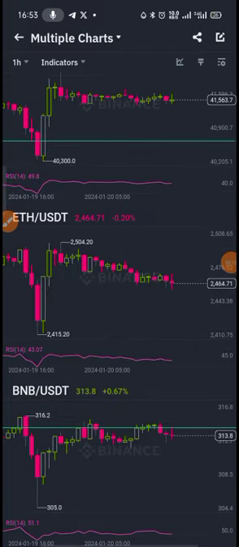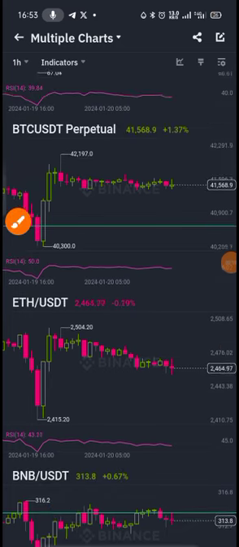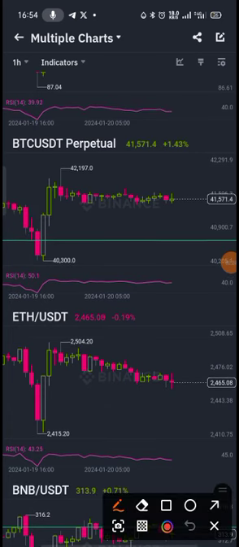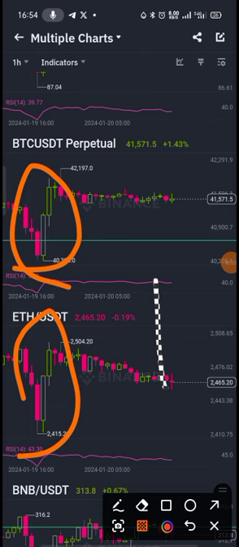If you look at the coins, you notice something here: anytime Bitcoin does a move, other coins follow suit.